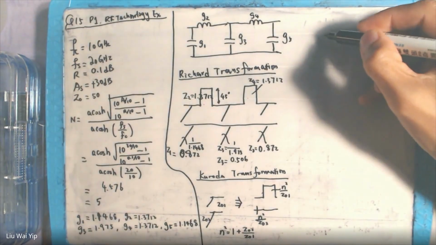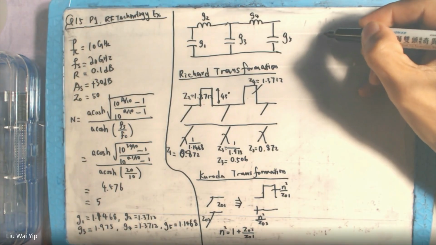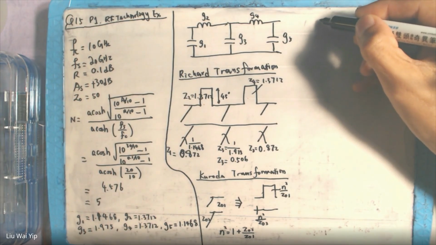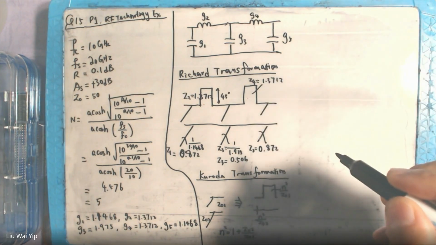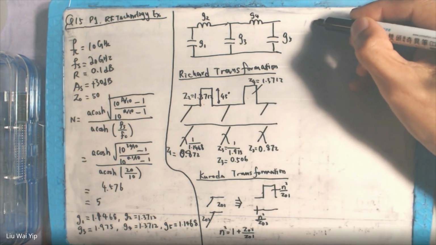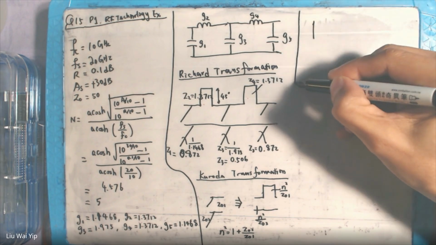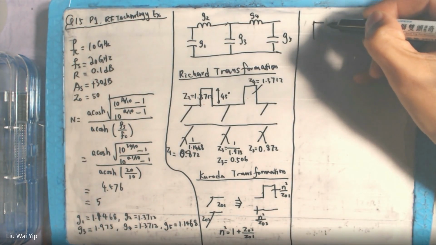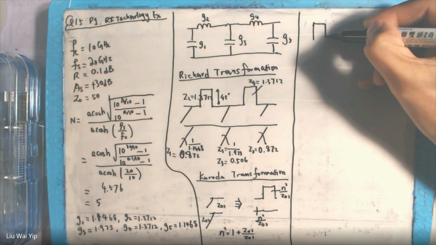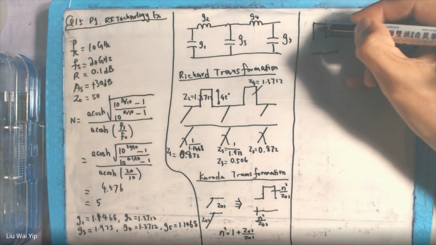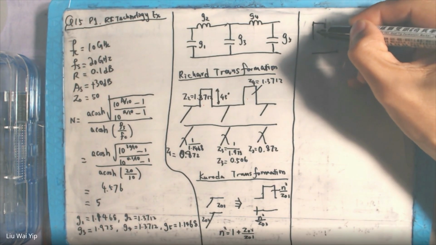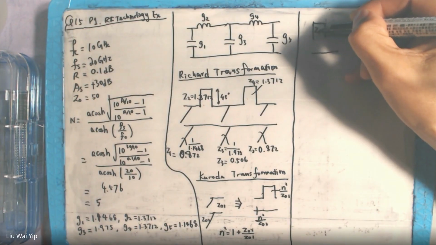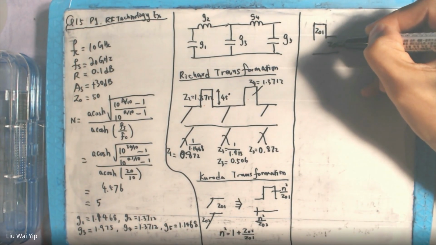Another transformation pair that you can make good use of is to transform a short circuit stub into an open circuit stub. So for example, now I'm going to save some space. If you have something like this, so you have a short circuit stub, and in the short circuit stub, you begin with Z naught 1, and then the main line is Z naught 2.